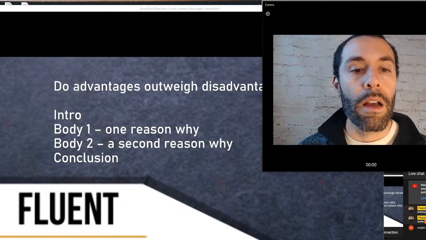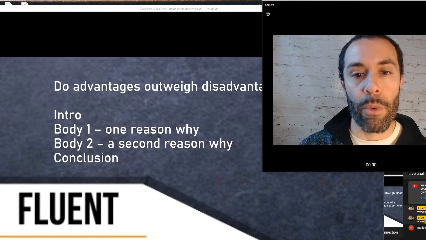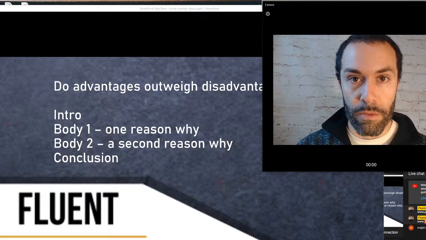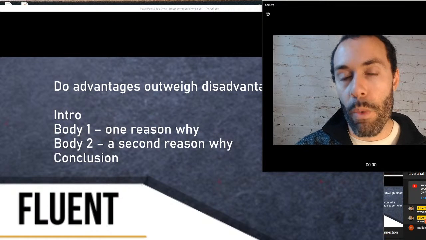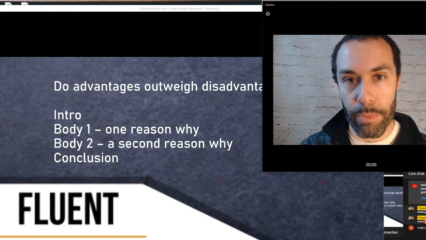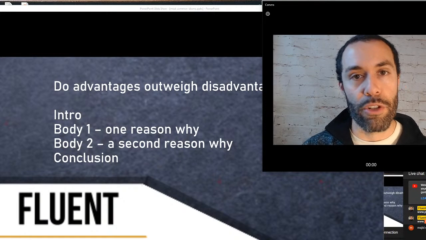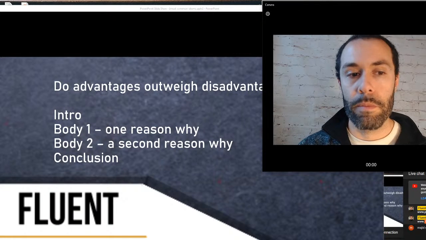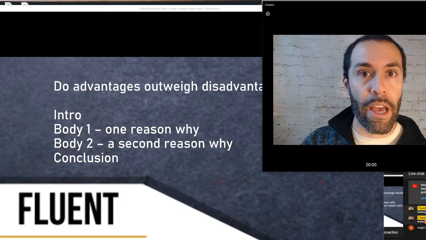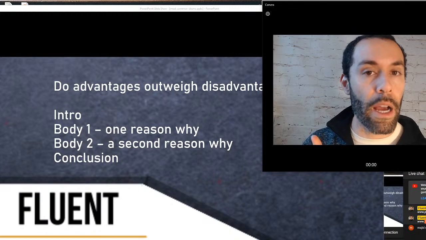Okay. But again, so if it says do advantages outweigh the disadvantages, again, pick a position. You either agree, yes, they outweigh them, or you disagree, no, they don't outweigh them. So pick your position, and then the rest of your essay, you're just trying to explain why. Okay, so for instance, first body paragraph trying to emphasize and explain and elaborate why.